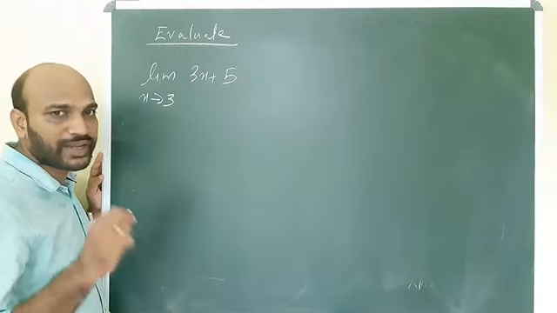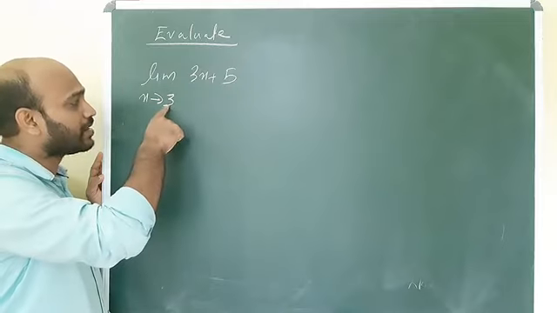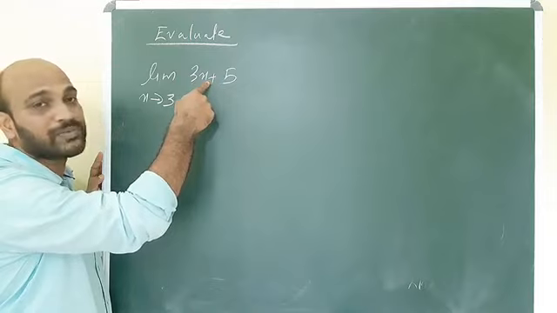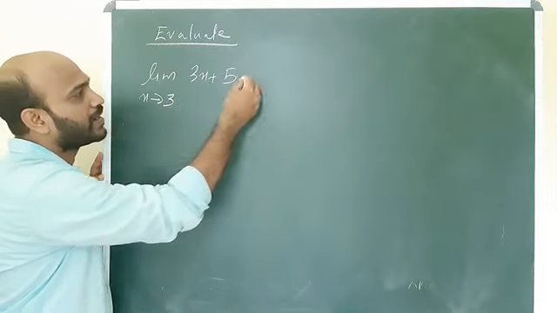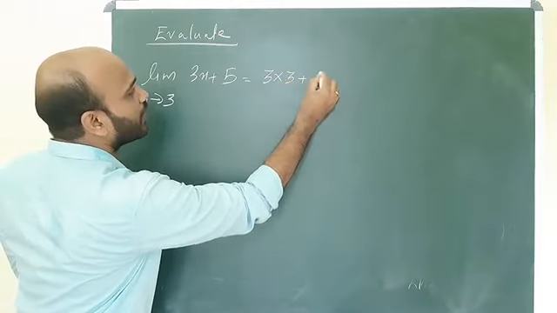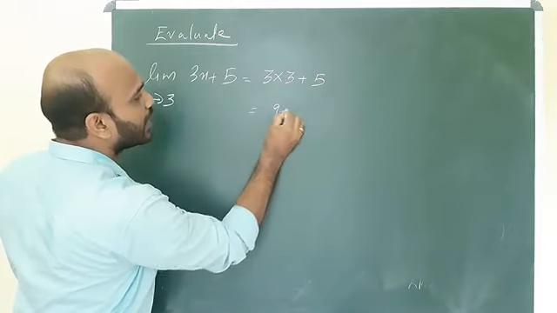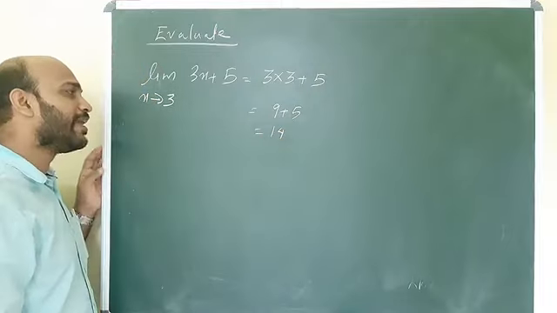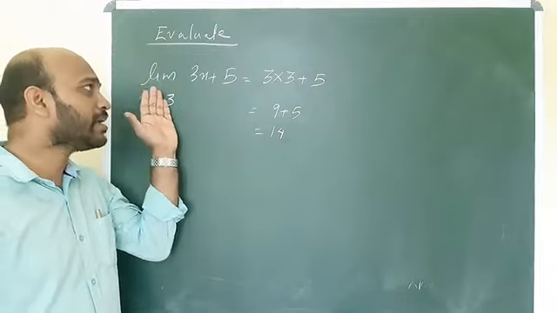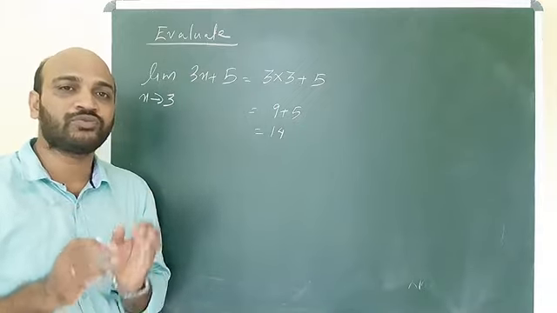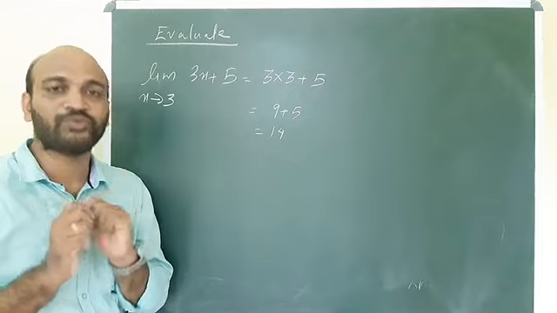We need not take examples. It can be 3 minus or 3 plus. In both cases, we have to substitute x equal to 3. So what is the answer? It's equal to 3 into 3 plus 5. So the answer is 9 plus 5 equal to 14, which means when x takes values very near to 3, 3x plus 5 takes values very near to 14.